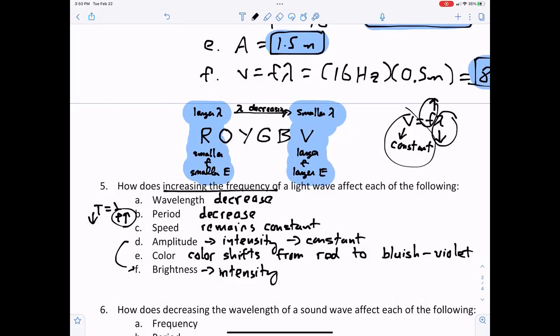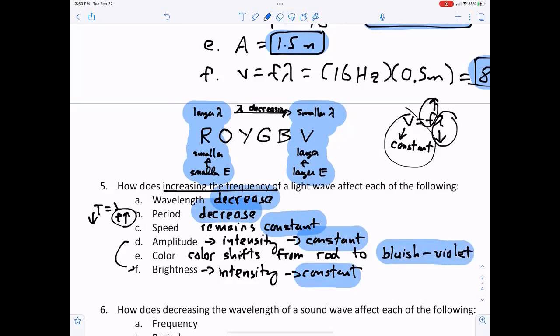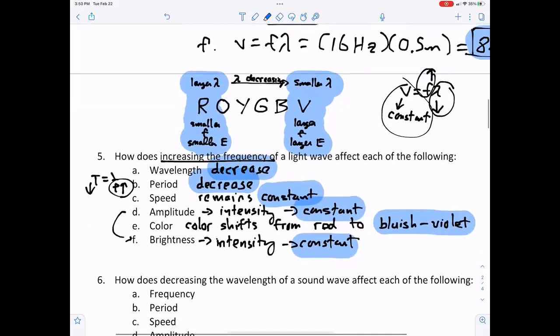So the intensity, or the brightness, will remain constant as well. Okay, so increasing the frequency would decrease the wavelength, decrease the period. Speed remains constant. Intensity, thus the amplitude and the brightness, remain constant, and the color shifts towards blue-violet.